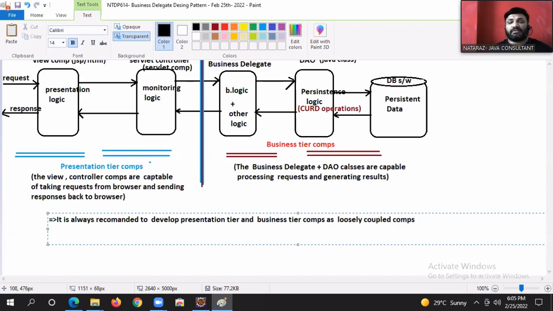Loosely coupled components means the degree of dependency should be less between both the tiers, guys. Are you understanding my statement, guys?